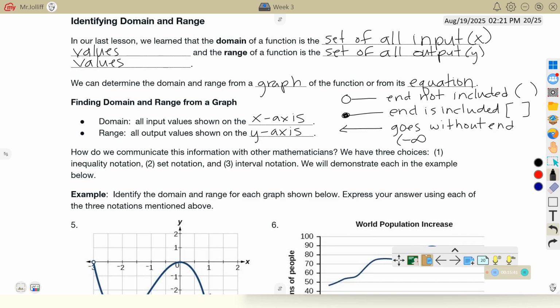If it's going to the right, it's positive infinity as your upper bound. If the lines are going to infinity, we always surround it with round brackets because infinity never ends. There isn't an endpoint to square off. So infinity is round brackets.